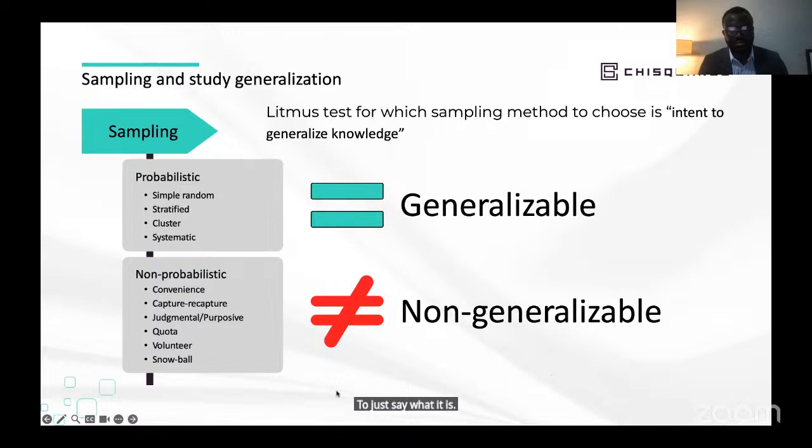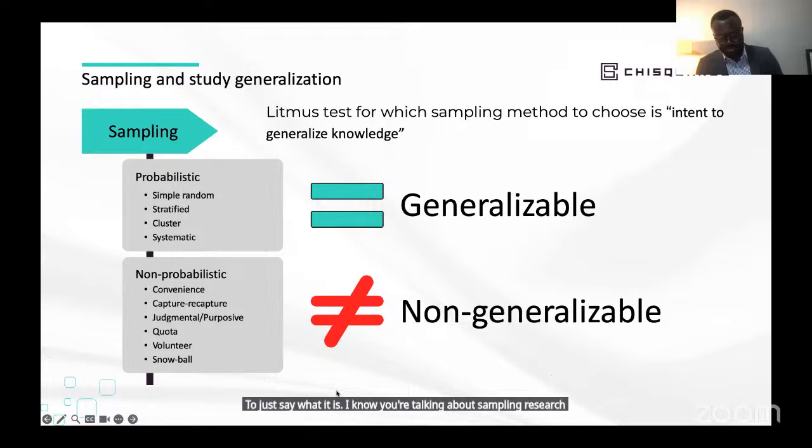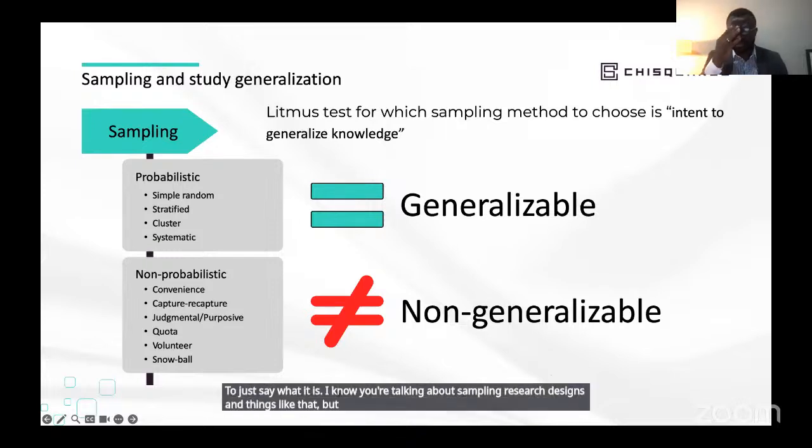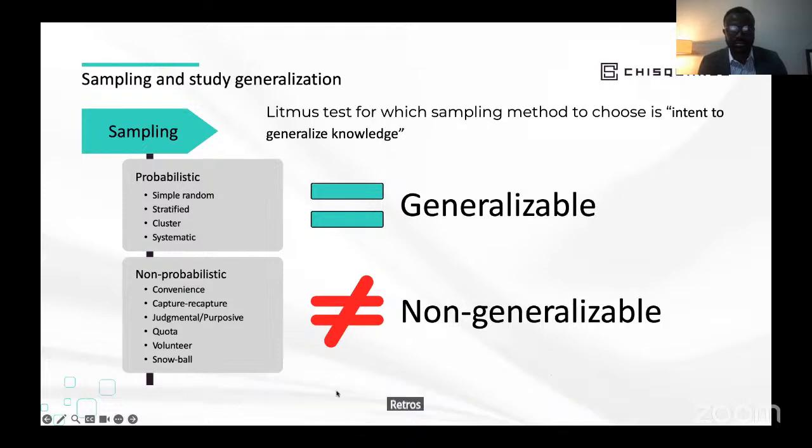I know you're talking about sampling and research designs and things like that, but exactly, I think it's a tool or software. Then secondly, earlier you mentioned that somebody could not say prospective cross-sectional, and I want to find out whether you can say retrospective cross-sectional. Thank you and over.